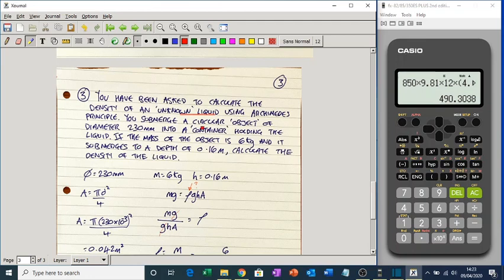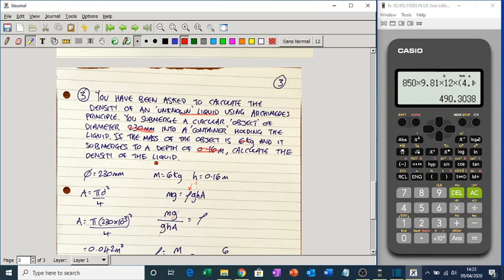We've submerged this circular object of diameter 230 into a container holding the liquid. We know the mass, so that's the diameter. We've measured the mass, say it's 6 kilograms, and we measured that it submerges to a depth of 0.16, so about 160 mil. It's floating.